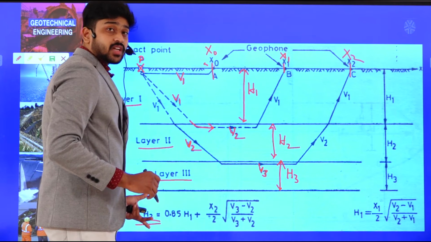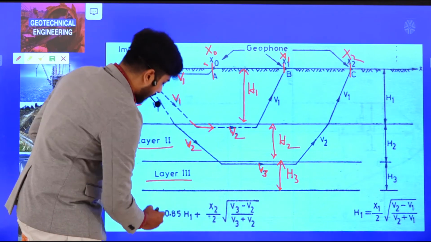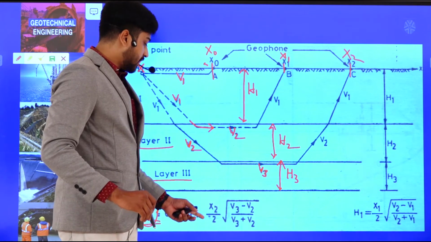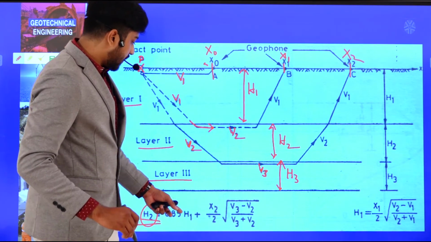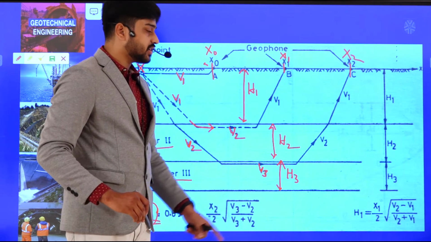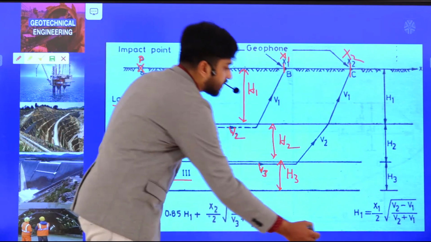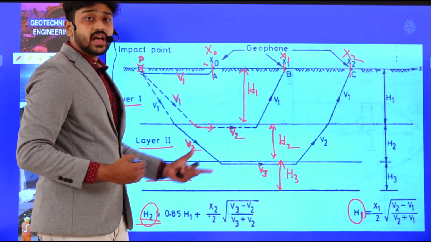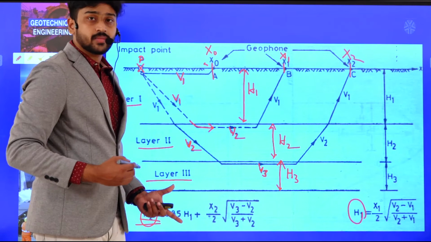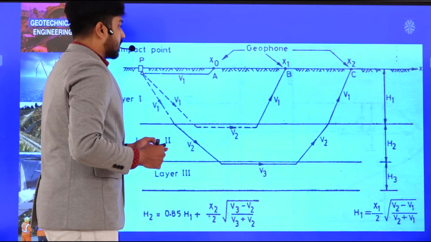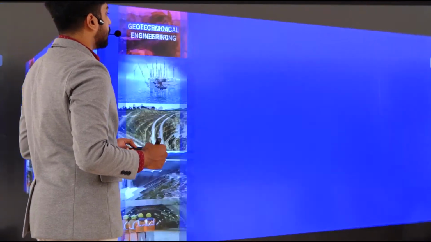Using this expression we can find h2, which is 0.5 h1 plus x2 by 2 into root of (v3 minus v2) by (v3 plus v2). Similarly, we can obtain the depths of layer 1 as well as layer 2 in this manner. Kindly make a note of this. Let us proceed to the next one.